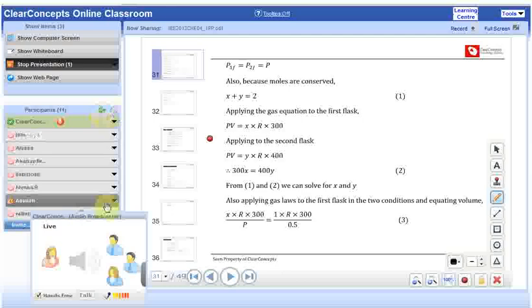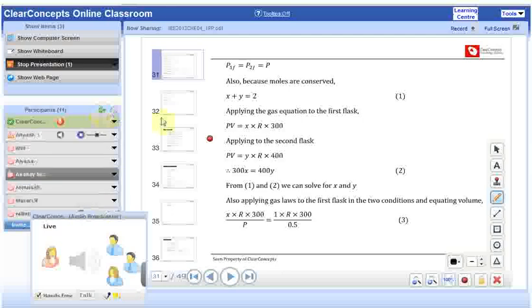Ayush has a question. Yeah, speak, Ayush. After step 2, what have you done? This is still step 2. After equation 2, yes. Okay, let's consider flask 1 in the initial and final conditions.